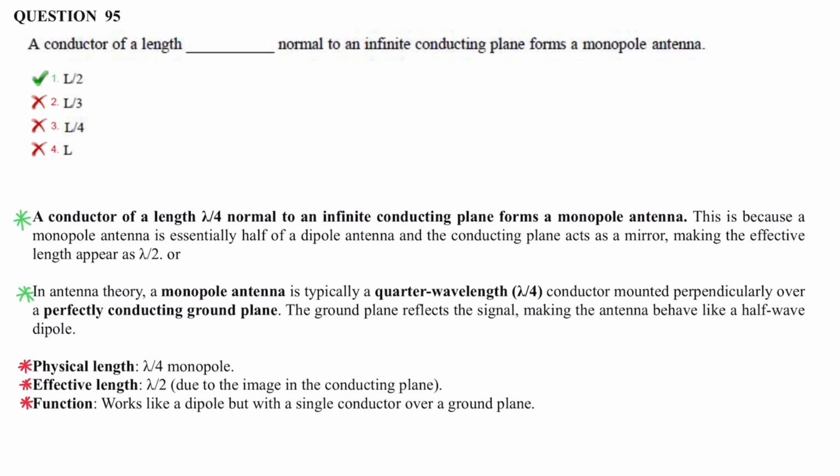Question number 95. A conductor of length dash normal to the infinite conducting plane forms a monopole antenna.